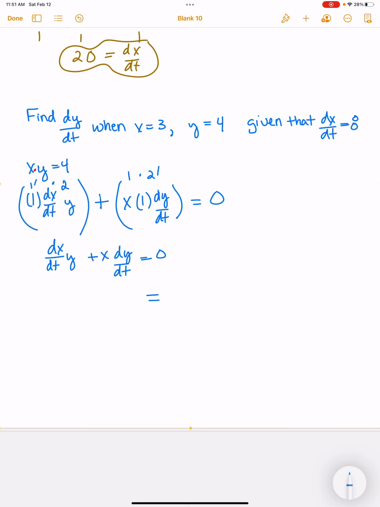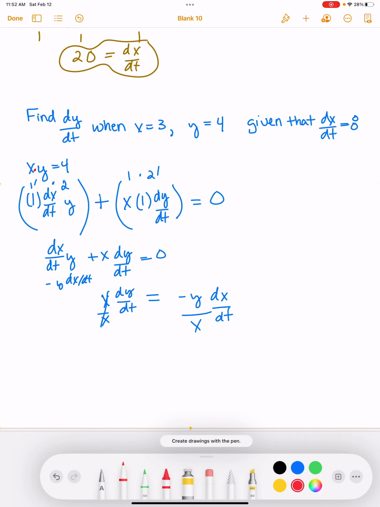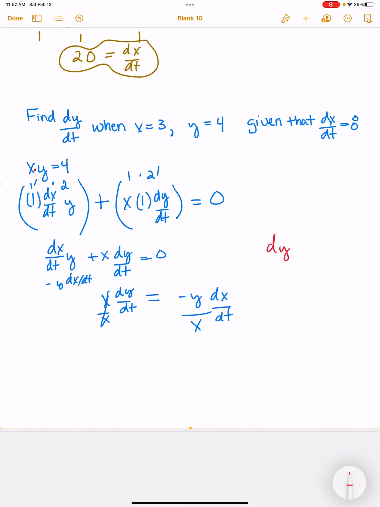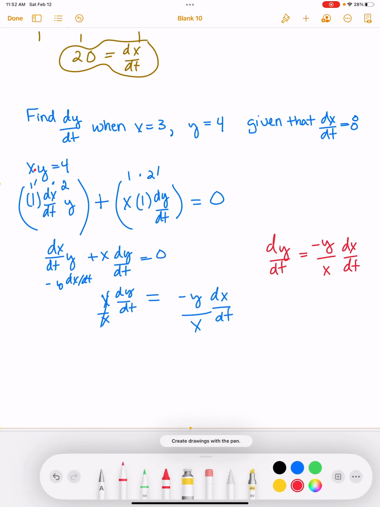Okay, so we're then just going to subtract this guy away, the y dx/dt. So we have minus y dx/dt. And then we have left x dy/dt. We need to divide x away. So I'm going to put this in red: dy/dt equals negative y divided by x times dx/dt. Okay.